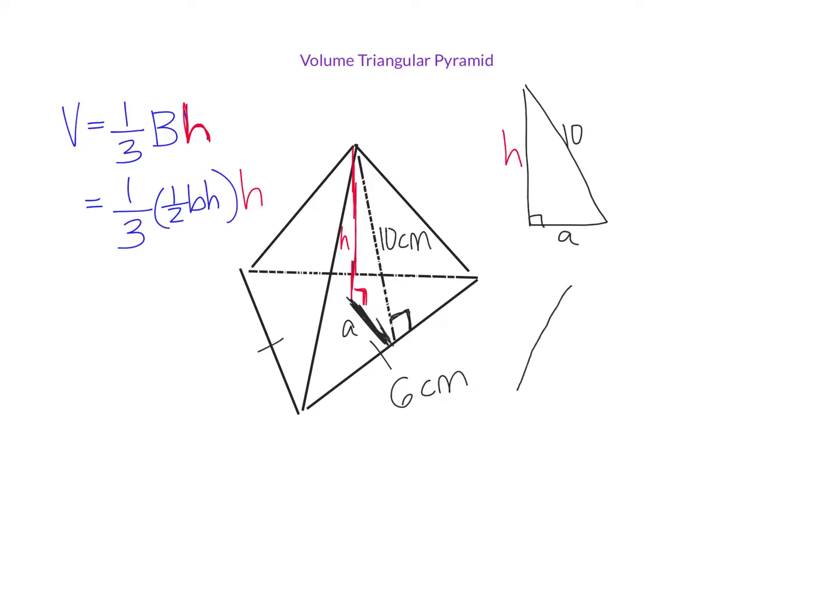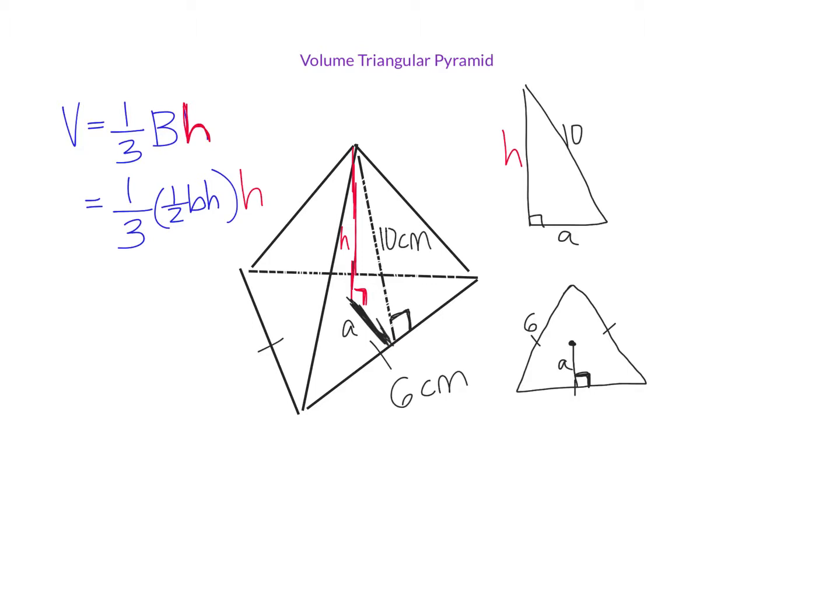So let me draw this equilateral triangle. And our apothem is going to be the distance from the center of that triangle to one of the sides at a perpendicular angle, at a 90-degree angle. So here's the apothem. And we can calculate the apothem by looking at the information that's given to us.